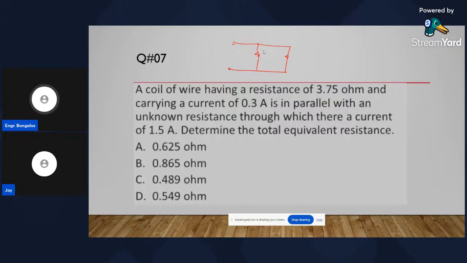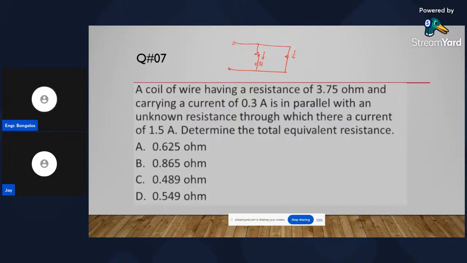So, sabi dito, yung isang resistor, meron siyang current na 0.3 ampere.